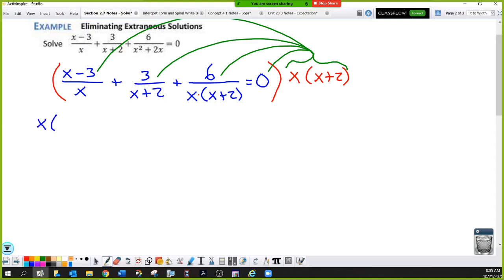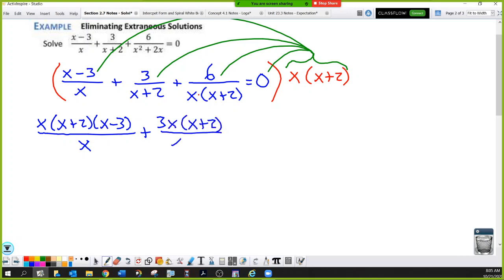Here's the x plus 2, and the x minus 3. All that's over x. That's the first distribution. The next distribution gives us 3x times x plus 2 over x plus 2.